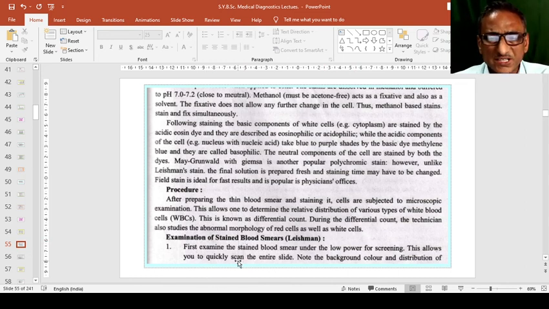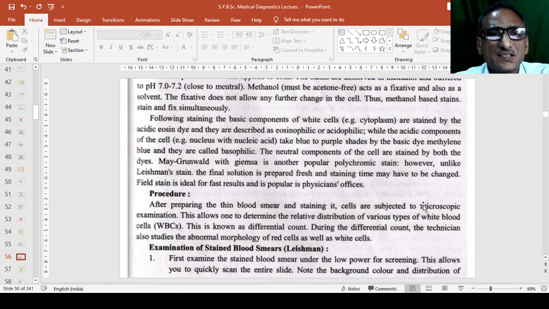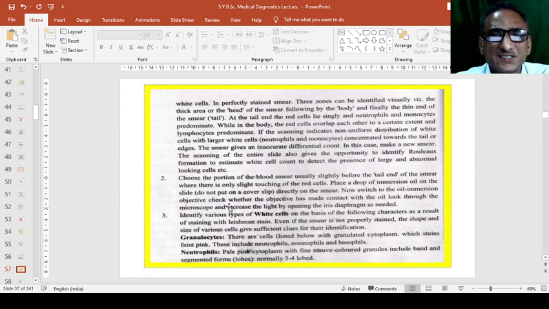Now the examination of the stained blood smear, or Leishman's blood smear. First, examine the stained smear under low power, which allows you to quickly scan the entire slide. Note the background color and the distribution of white cells in a perfectly stained smear.